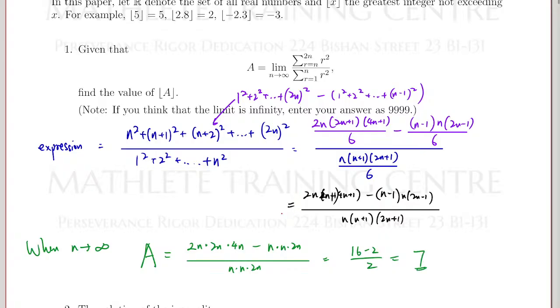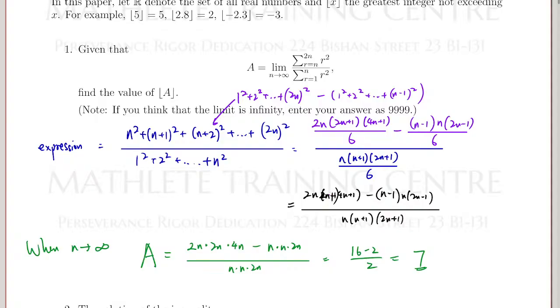Now, as for why A is this expression, where we just ignore all the terms that are not as big, you can see when n goes towards infinity, n cubed is a lot bigger than n squared. So you can put, for example, a double arrow to make it say a lot bigger. Same thing, n squared is a lot bigger than n, same thing, n is a lot bigger than 1. So basically, you can just ignore the smaller terms.